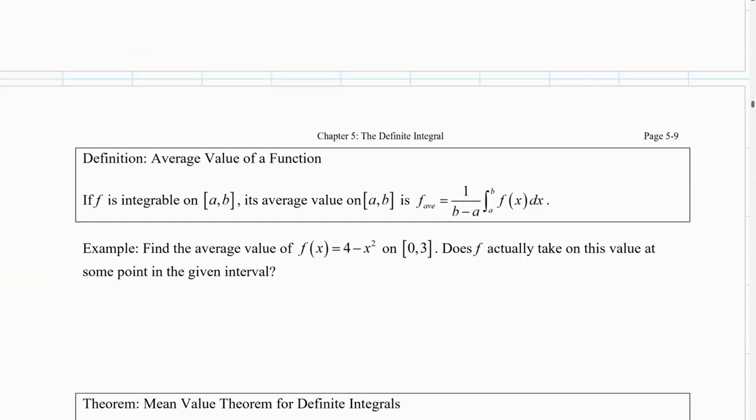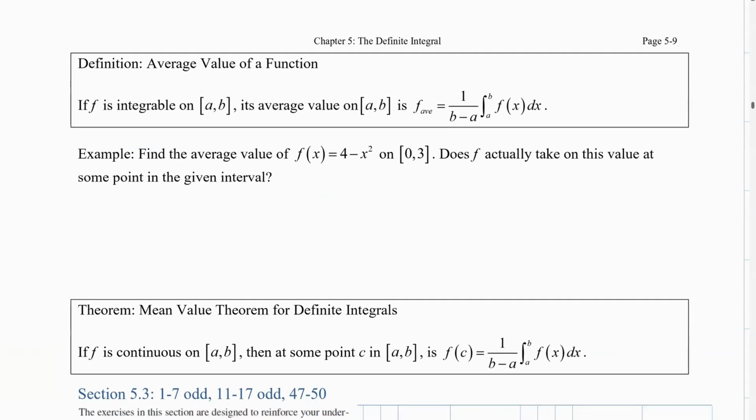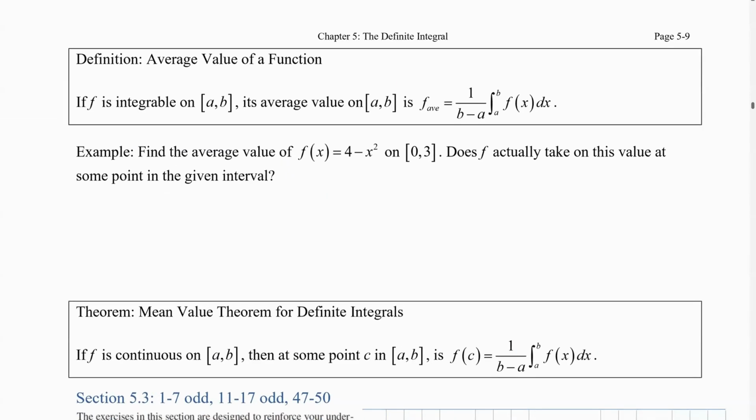Okay, changing gears. New definition, the average value of a function. We can find the average value of a function, if it's integrable, by finding the value of the definite integral of that function and dividing it by the width of the interval.